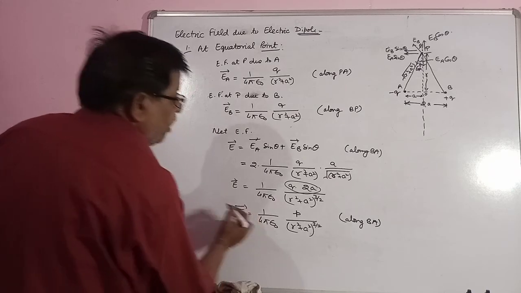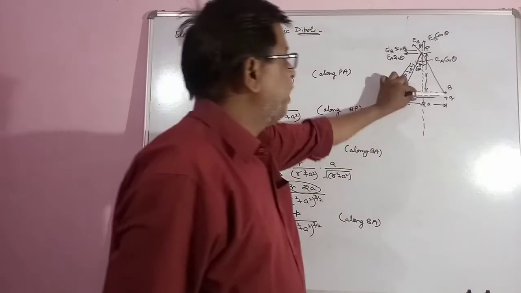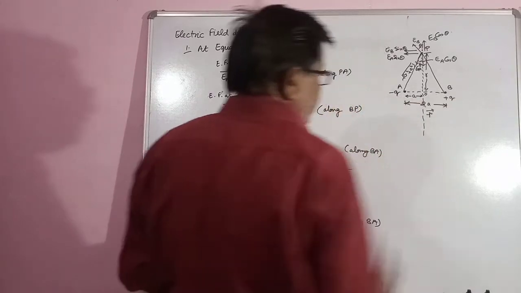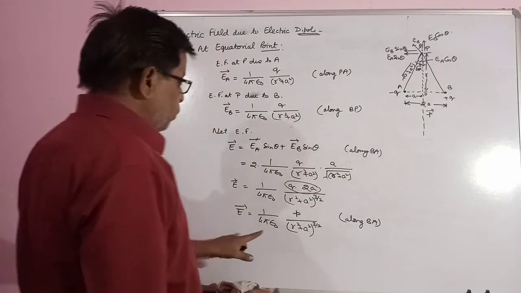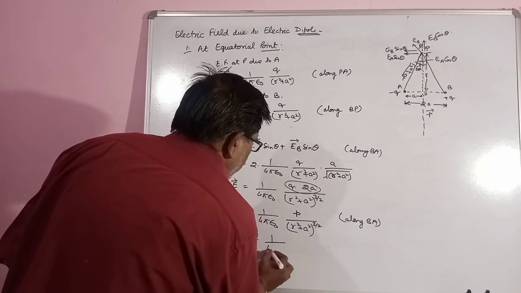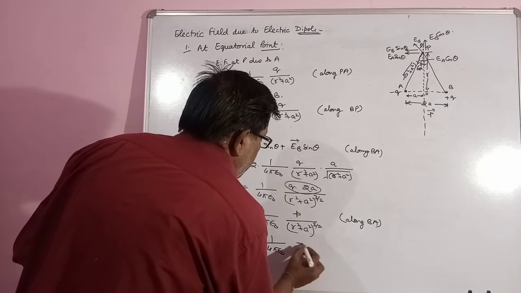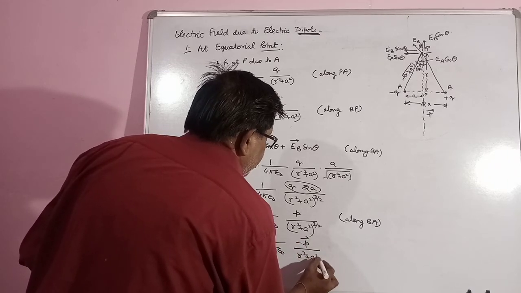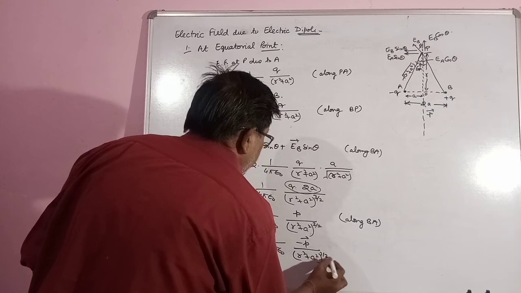BA is the opposite direction of vector P. P is from minus to plus and BA is opposite, so we can write 1 over 4 pi epsilon naught, minus P over R square plus A square to the power 3 by 2.